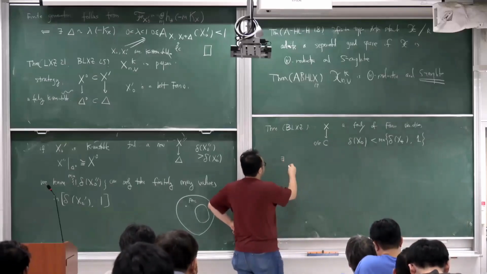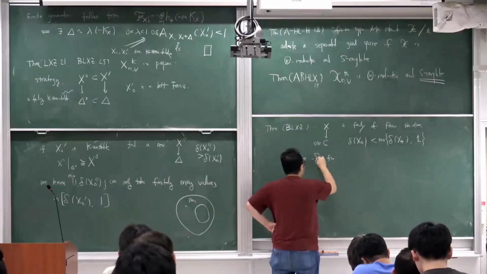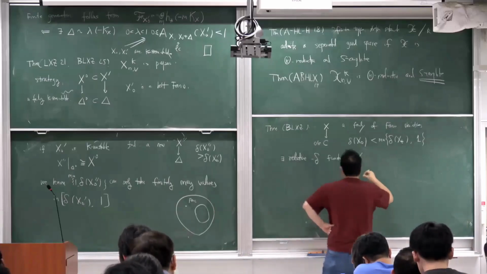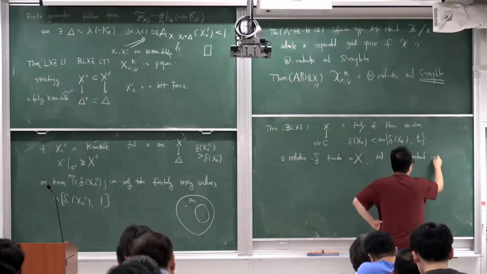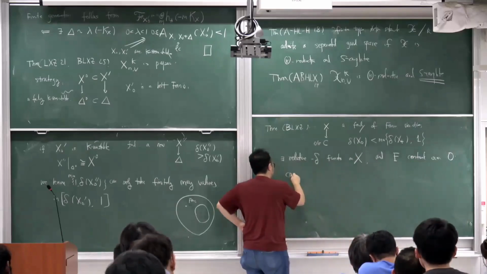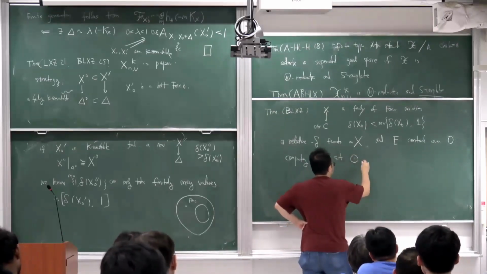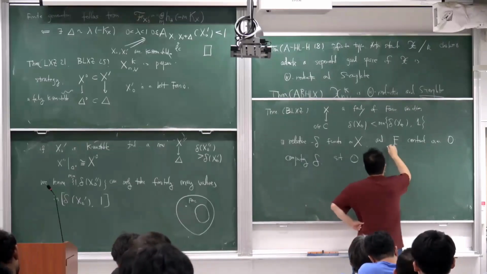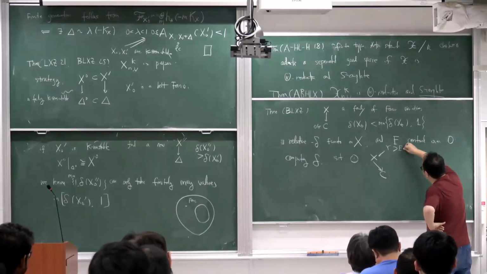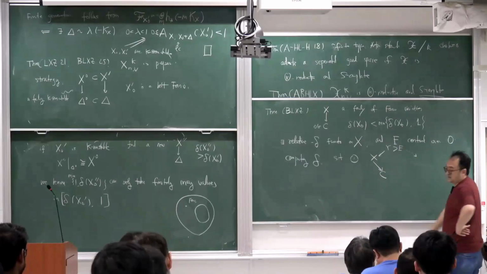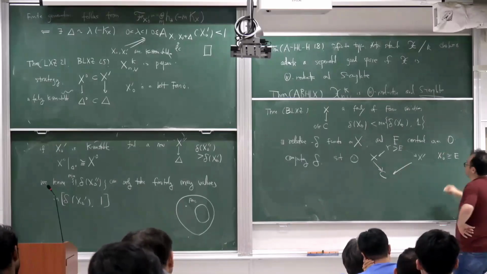Then there exists a relative delta function, which I will define, on X and E centered over 0, computing delta with the following property. First, you have this X mapped to C. You can extract this E over X on some partial model, and then you run MMP in the other direction to get a new model X prime, such that the X0 prime is basically just E. So essentially you just do this tool again.